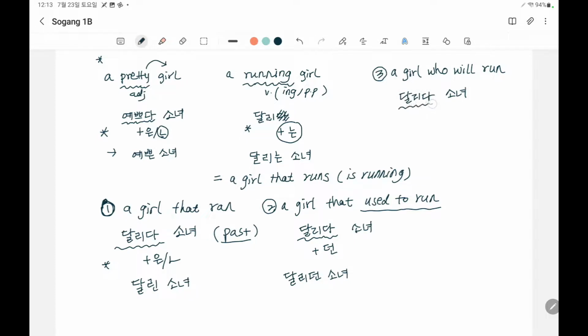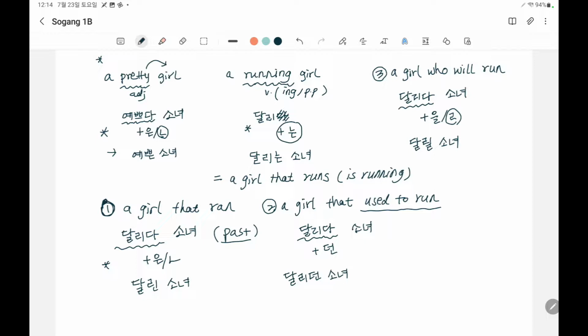So how do we conjugate this? 아이고. 자, we need 을 or 릴. Okay, 받침 없어요. After you get rid of 다 at the end. So 그래서 달릴 소녀 말해요. 달릴 소녀, the girl who will run.